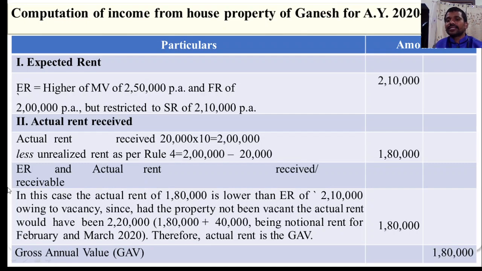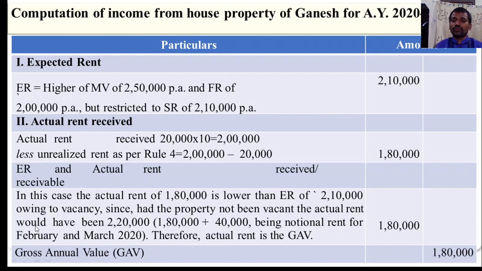Here in this case, actual rent of 1,80,000 is lower than the expected rent. Owing to vacancy, since had the property not been vacant, the actual rent would be 2,20,000. Why? Because 20,000 into 12 means 2,20,000.